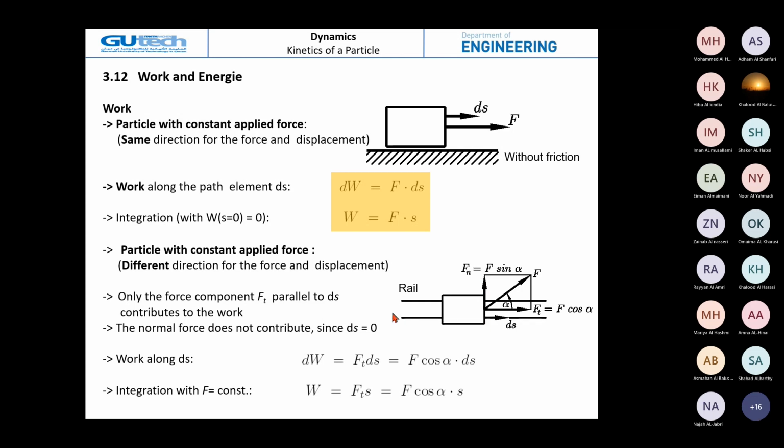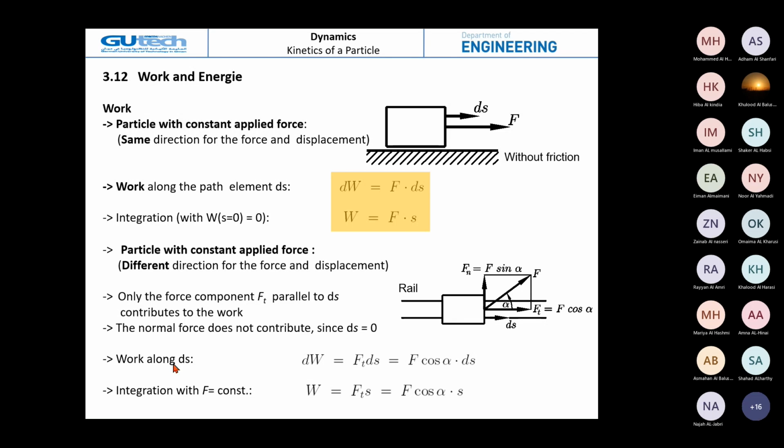There is only the displacement along the tangential direction ds. The normal force does not contribute since ds is equal to 0. Here there is no motion in the vertical or normal direction, so this force will not contribute to make work. If there is no displacement, there is no work.